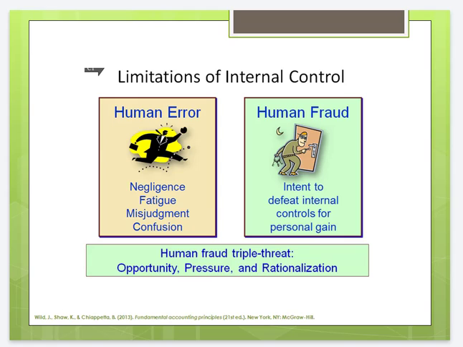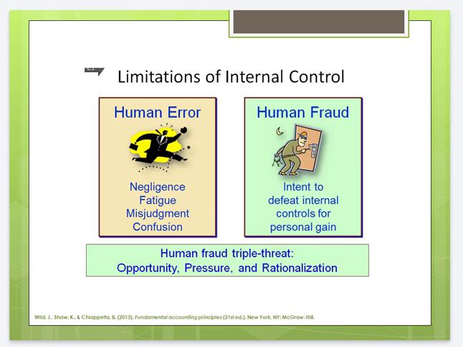So sometimes internal controls can be compromised simply because a person makes a mistake. They make a bad judgment call, or maybe they don't necessarily understand exactly what they're doing or what the implications of their actions may be. Another possibility is that a person intentionally bypasses internal controls for personal gain, and that's what we would normally call fraud.